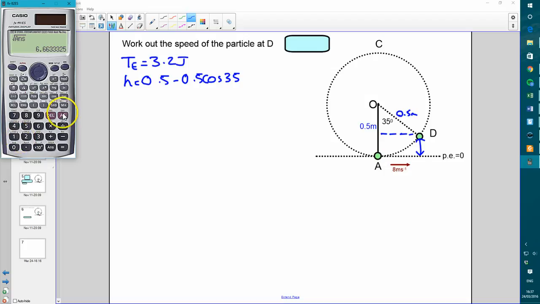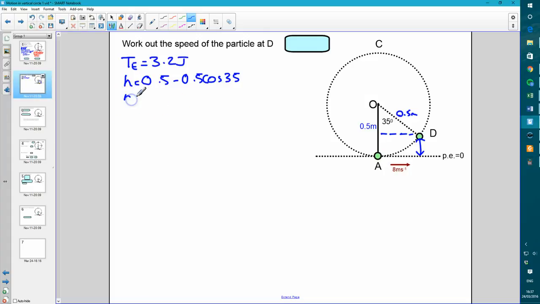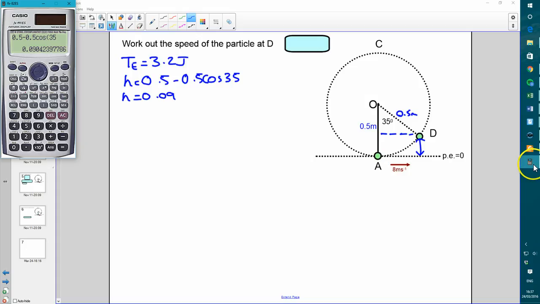So that's going to be 0.5 take away 0.5 cos 35, and that gives us the distance of a height of 0.0904.